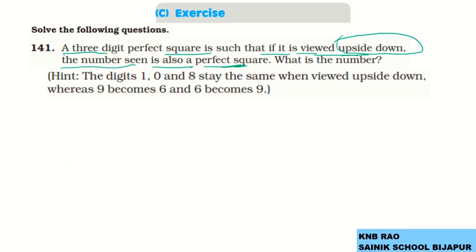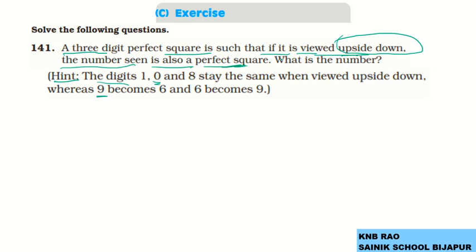Let me tell you by a hint. The digit 1, when you see it upside down, looks similar. 0 also looks similar. 8 also looks similar. But whereas 9 looked at upside down looks like 6, and 6 as 9.